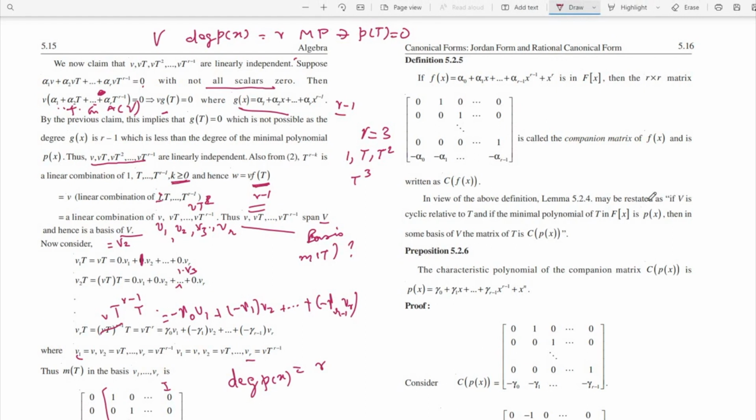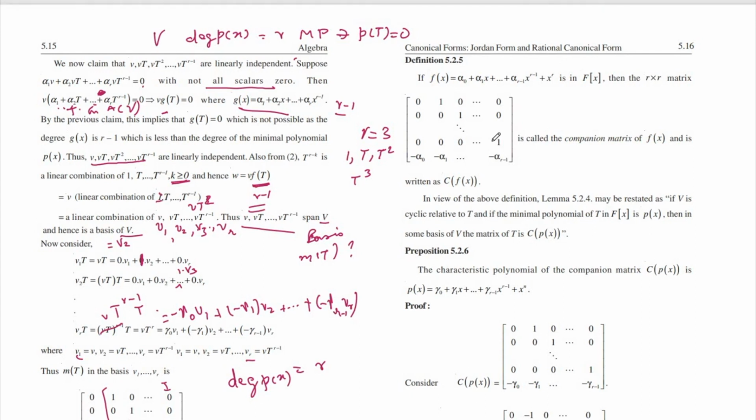Of companion matrix: if f of x is a polynomial whose highest power is 1 as in f of x, then the degree tells us the order of the matrix. Whenever we are asked to write down the matrix, the first question to be asked is what is the order.